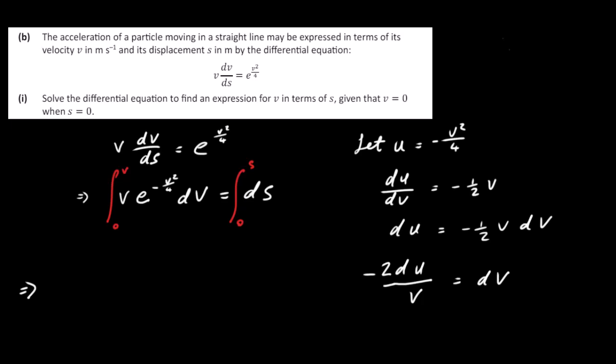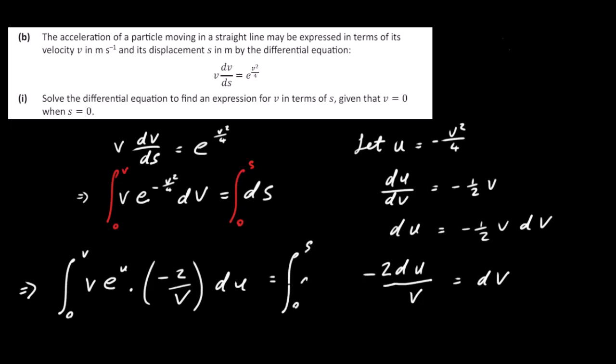So we want to integrate from 0 to v e to the power of u, because remember u is minus v squared over 4, and then dv is this thing here. So we've got to multiply by minus 2 over v, and then du out here. And that's all equal to the integral from 0 to s of ds.